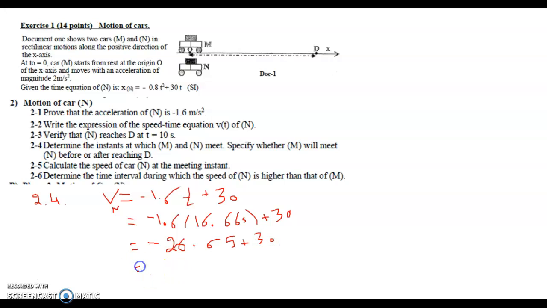This is equal to 3.34 meters per second.